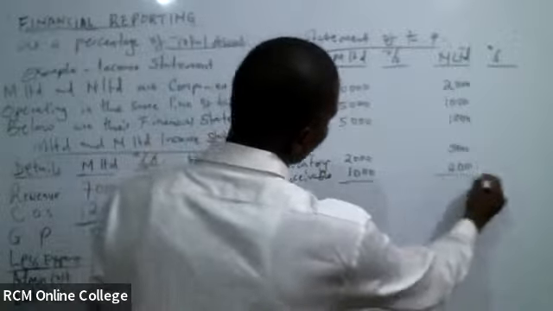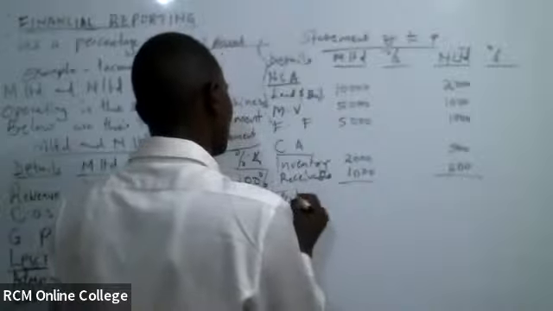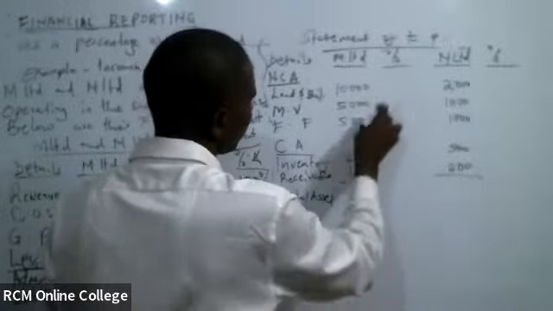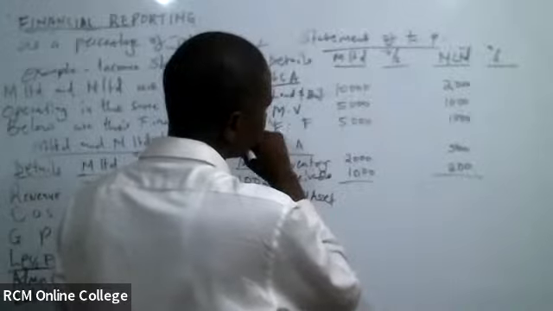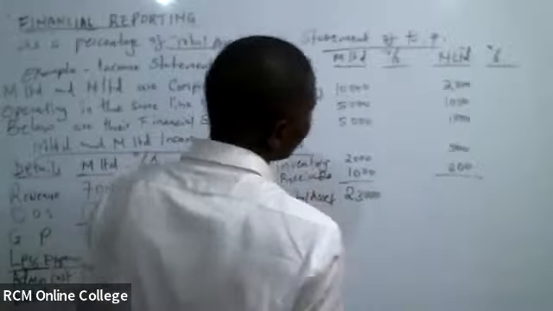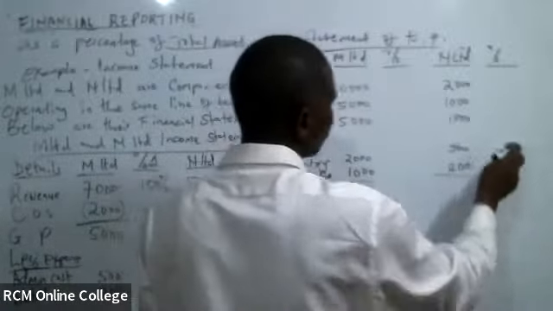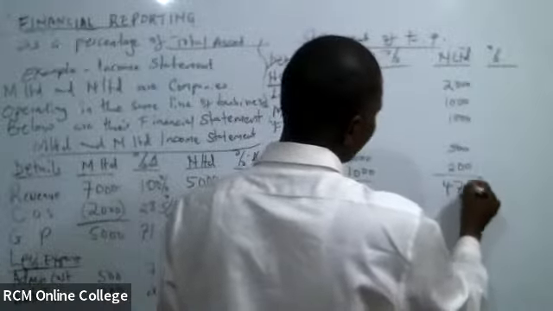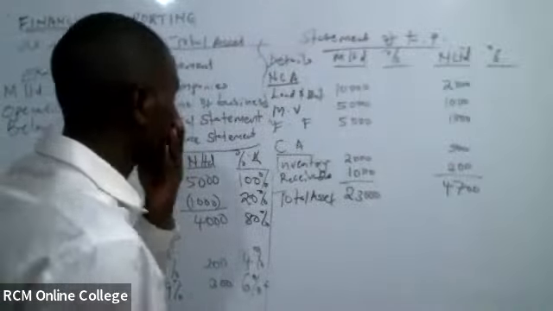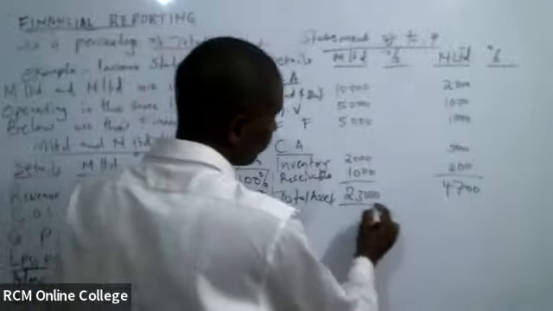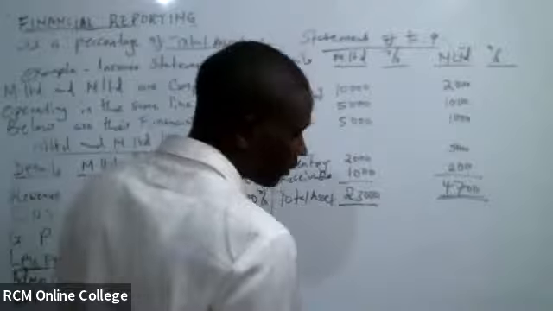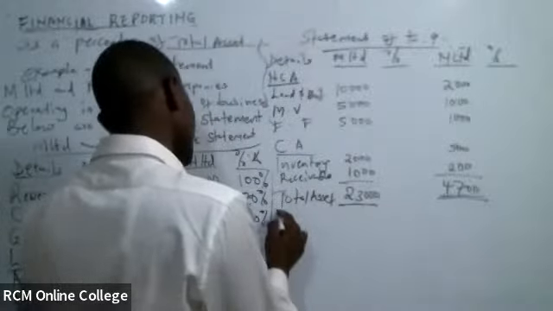Total asset: this is 23,000. This is 4,700. 4,700 total asset. I can double underline there. And then I have financed by.